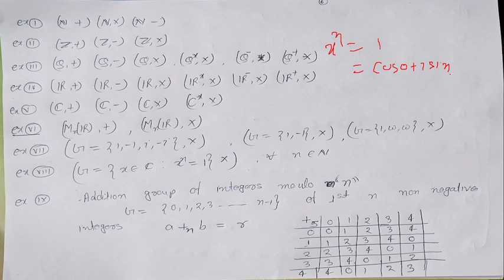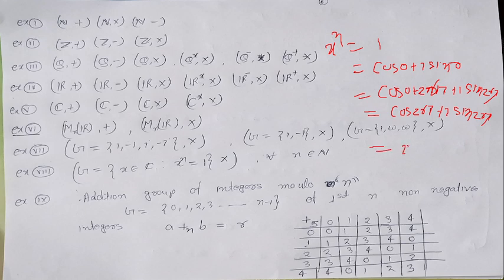If you generalize this value, then you may add 2r pi: cos 2r pi plus i sin 2r pi, and this is also written as e to the power i 2r pi.